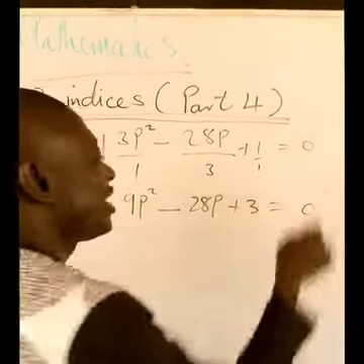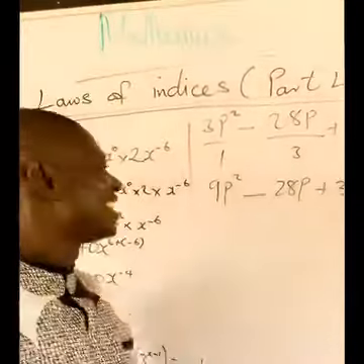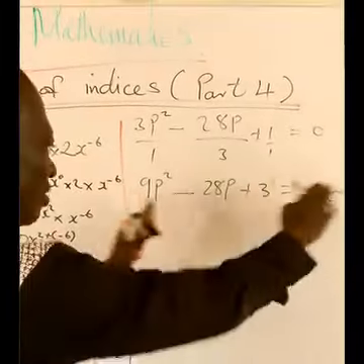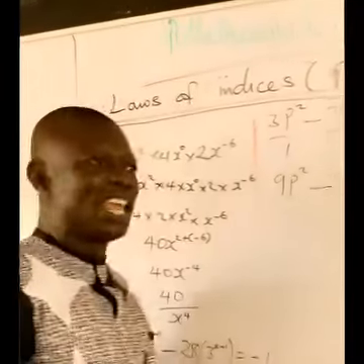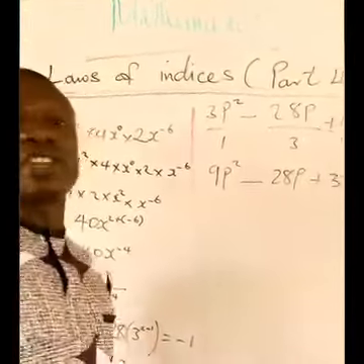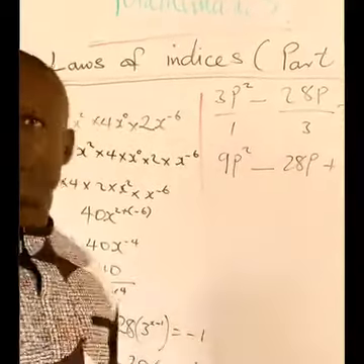When we multiply 0 by 3, we still get 0. We can work this question using any method of our choice, quadratic formula or factorization method. Let us use factorization method here.